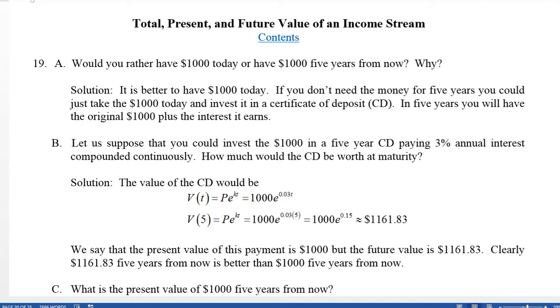So let's work backwards now. Suppose you took the $1,000 of 5 years from now, what would be the present value of that? And of course by that we mean what value could we invest now at this rate and end up with $1,000 5 years from now. In other words, how much would we have to invest in a CD for it to be worth $1,000 from 5 years from now?